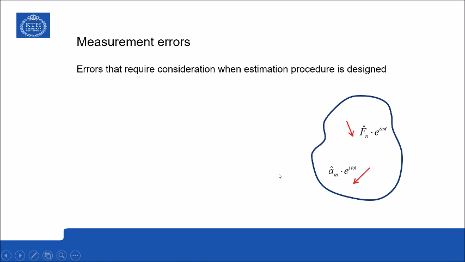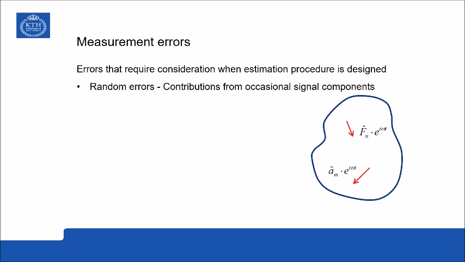So, what kind of errors then need consideration when we design this estimation procedure? Well, first of all, random errors, that is contributions from occasional signal components that do not occur regularly in the signal. Then we have, of course, also non-excitation contributions to the response.